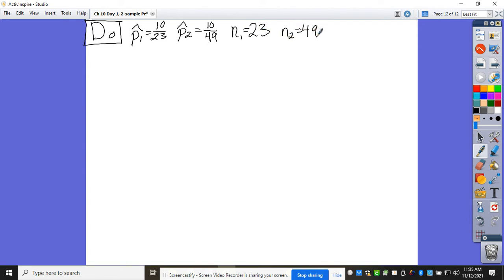And because of this, some people like to write P hat 1, N1, and then P hat 2, N2. I don't care. My confidence level is what? So we're dealing with a Z. A Z for 95% is what? That's one of those that's on your purple sheet we've used a lot.